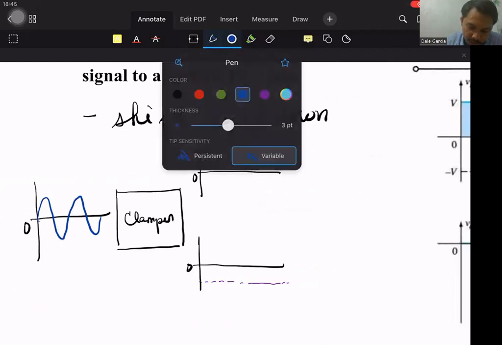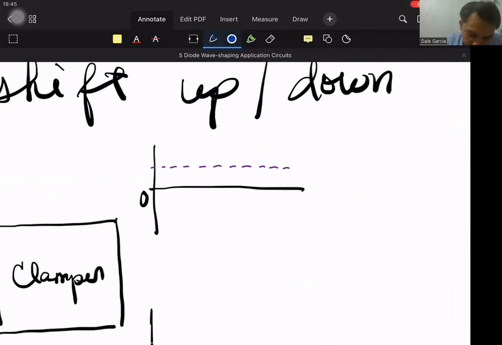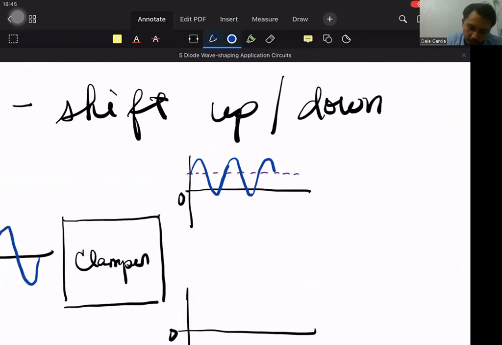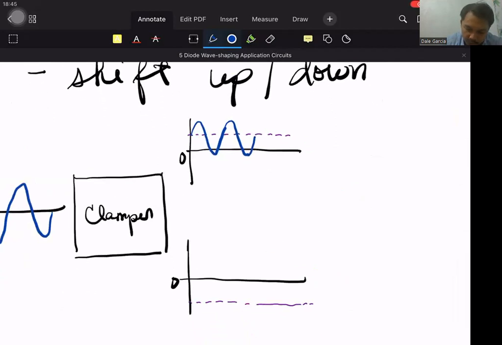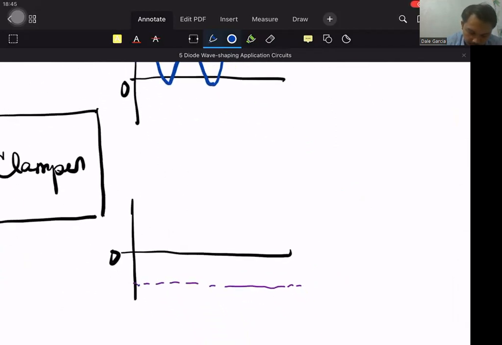If that's the case, that is where our AC signal starts. It can shift upward, or it can shift downwards.